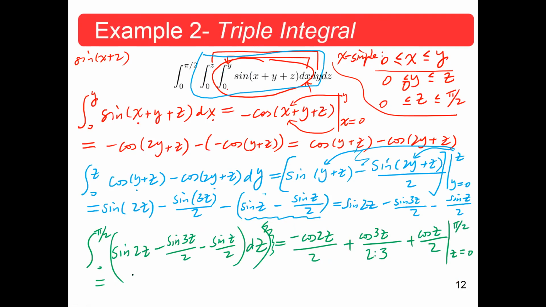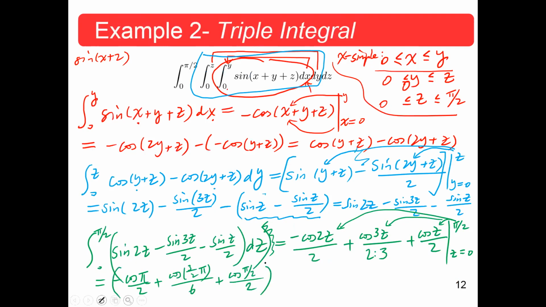So for the evaluation here, we have negative cosine, throwing pi over 2 in first: cosine pi over 2, plus cosine of 3 over 2 pi over 6, plus cosine of pi over 2 over 2. Subtract. Let's plug 0 in. I have negative cosine 0.